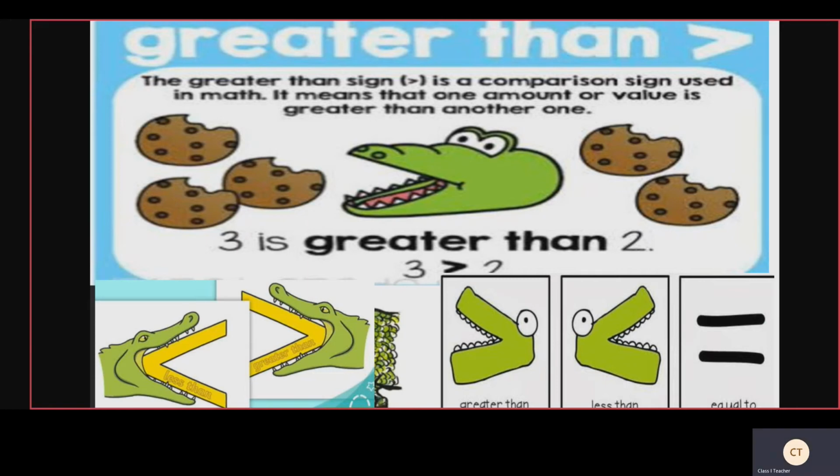The greater than sign is a comparison sign used in math. It means that one amount or value is greater than another one. Look here, children, at this picture. 3 and 2. 3 is greater than 2.